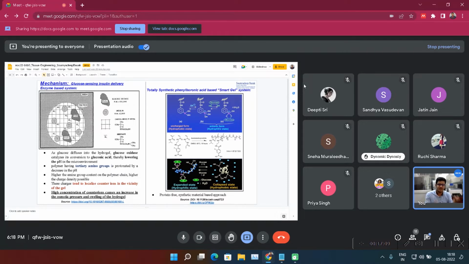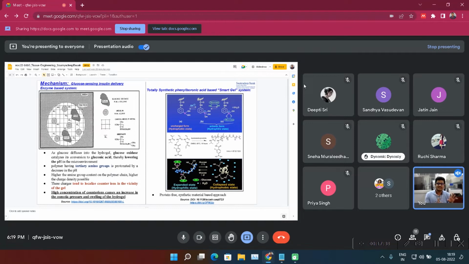This leads to the uptake of more water by the hydrogel. So think about it. It's getting charged, more counter ions are getting inside, the osmotic balance of the hydrogel is changing, so the water is rushing inside the hydrogel to balance the osmotic pressure. Thereby the water uptake is increasing. And as the water is getting inside, the pores are being filled, so that cargo release is also increasing.